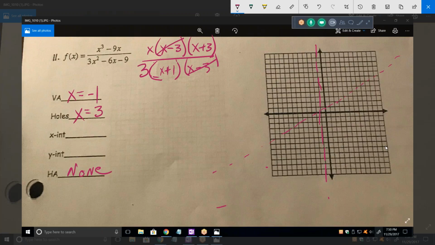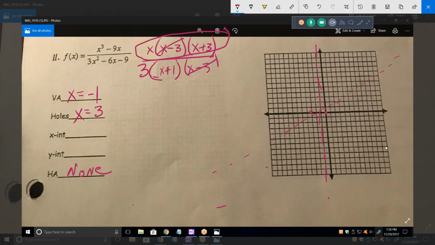What makes the numerator 0? 0 and -3. Okay, so those are my x-intercepts. The curve's got to go through that point, and it's got to go through this point.